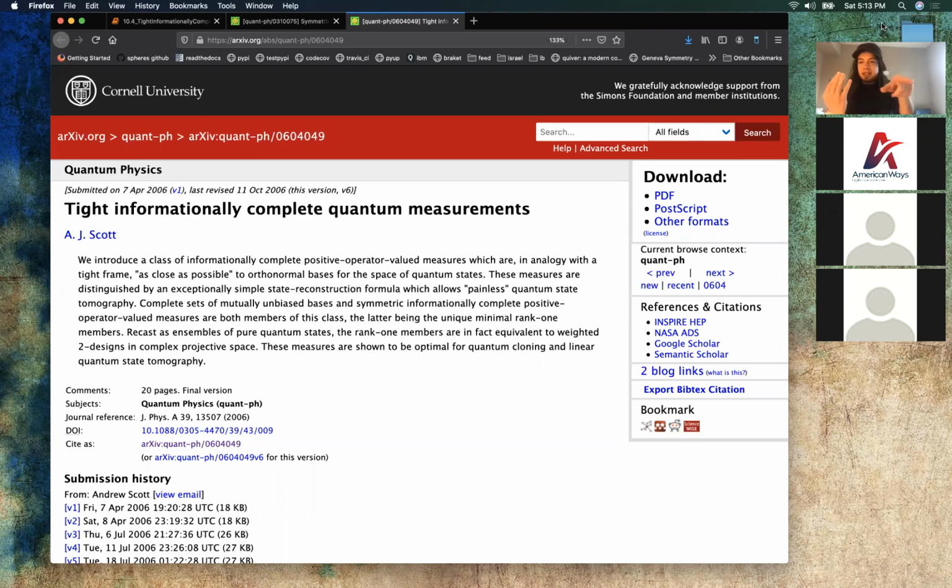If you make the measurement on the apparatus and get this outcome, then afterwards the qubit will be steered to the state at one of the vertices of the tetrahedron. If you get another outcome, it'll be one of the other vertices. So the 4 outcomes of the experiment correspond to the 4 vertices of the tetrahedron. I don't know if that's more concrete, but that's what it would be like.